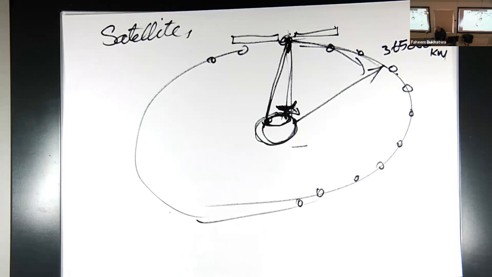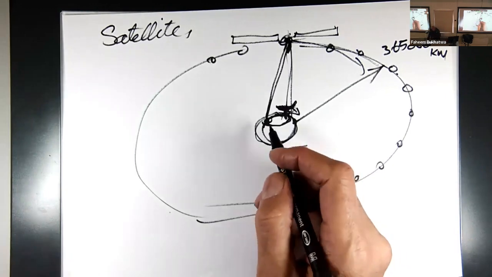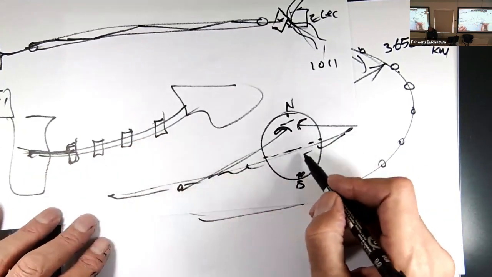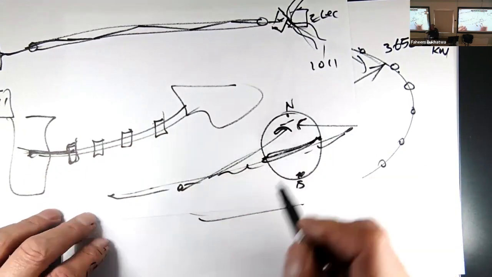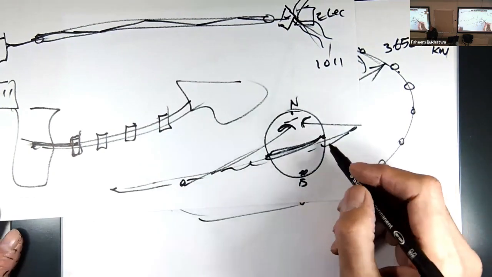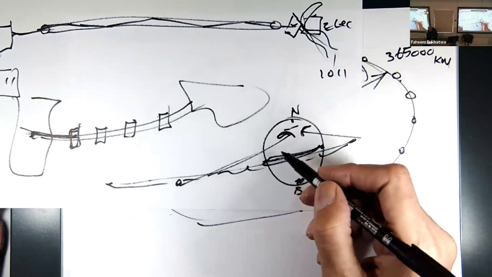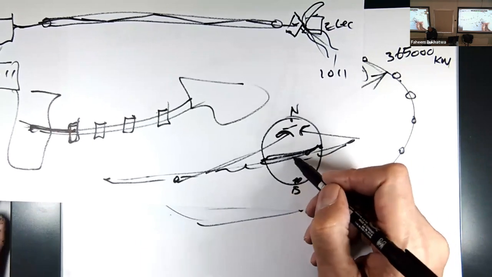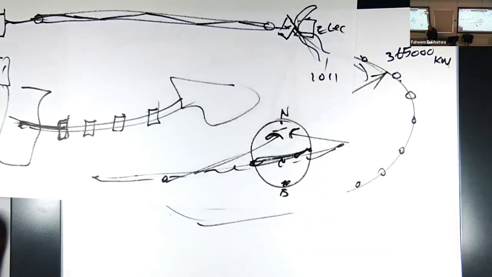So how do they do it? Anytime they want to put a satellite on orbit, most stations launch their rockets from somewhere along the equator.